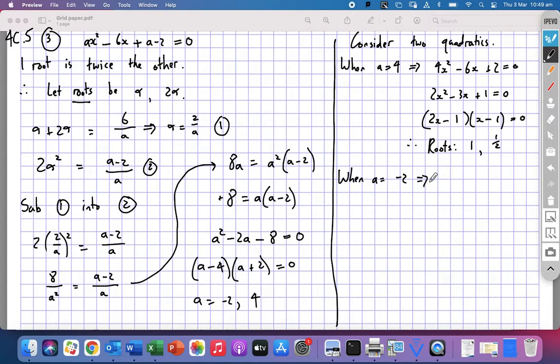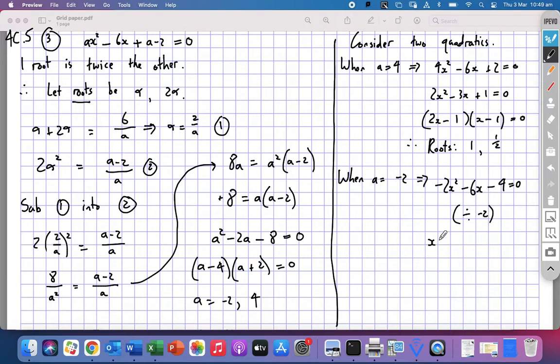It follows that the quadratic is minus 2x squared minus 6x. And then we've got plus minus 2 minus 2. So that's plus minus 4, which is just minus 4, equals 0. I'm going to come through and divide everywhere by minus 2 to make this a bit simpler.